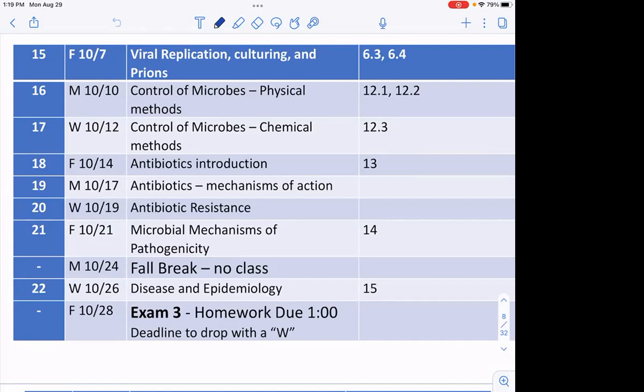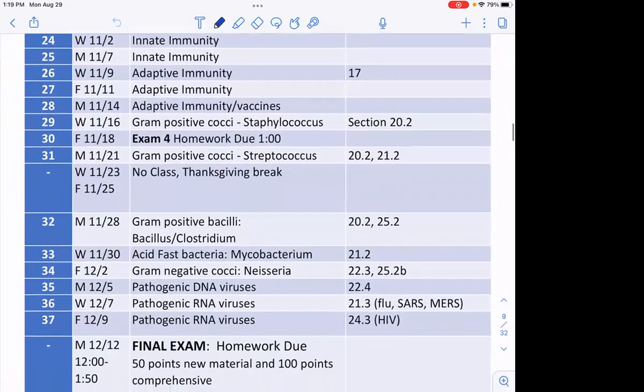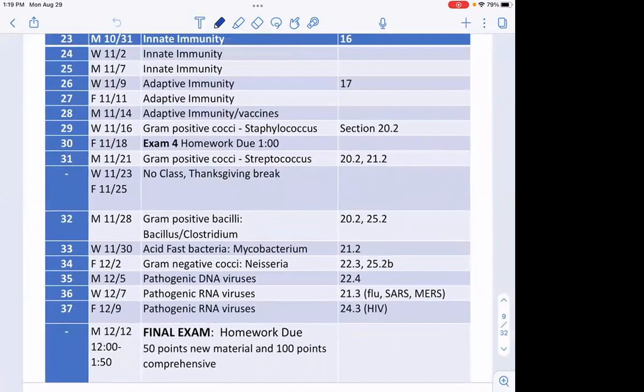And then basically at the end of the semester after that, we pick out some particular pathogens, some disease-causing microbes, and talk about them a little bit more in depth, like the microbes that cause tuberculosis or staphylococcus or streptococcus, some of those skin infections they cause. I pick different ones in different semesters.